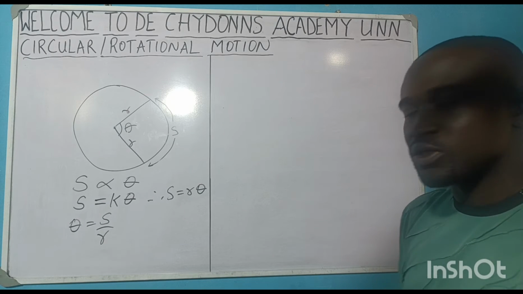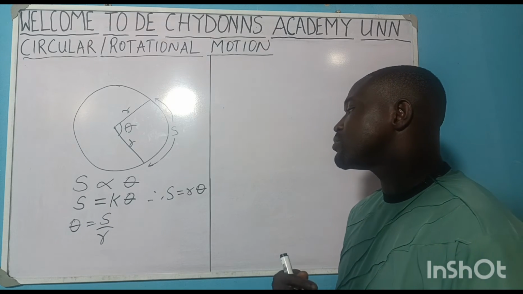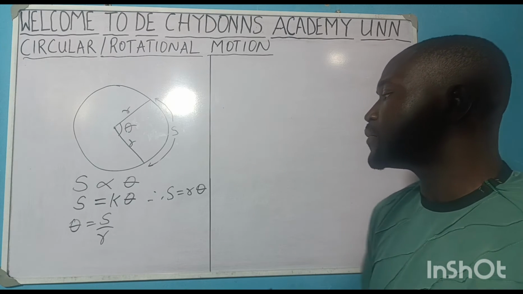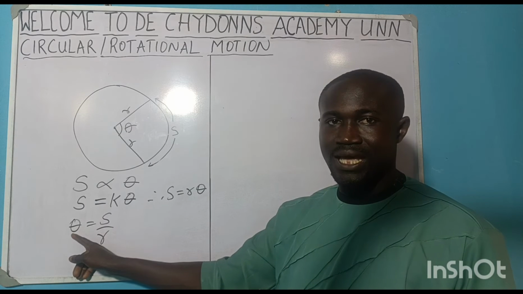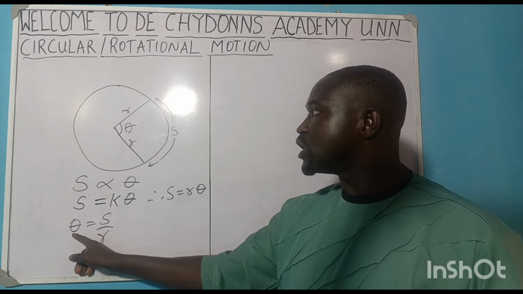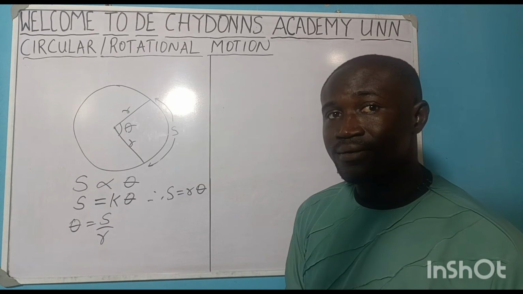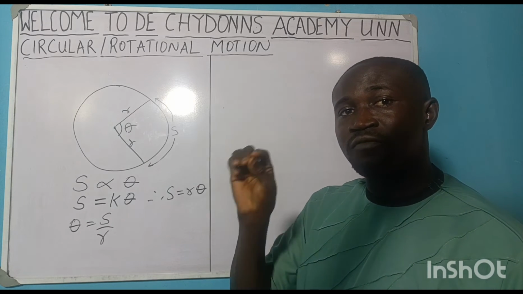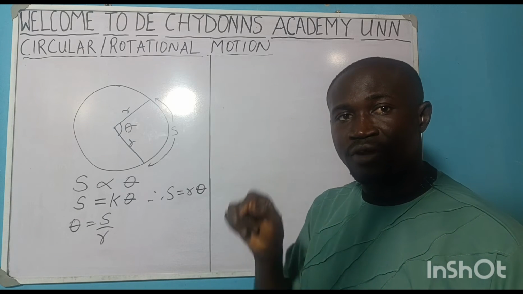That is noted. Then we also have again that theta you are seeing here. This theta is equal to what? 2 pi. That is the circumference of the circle, 2 pi r all over the radius.